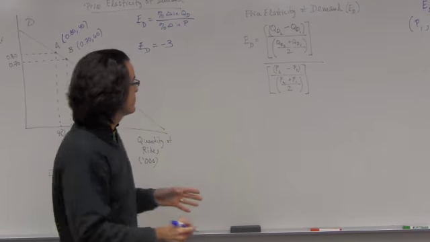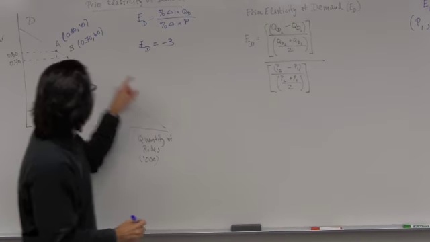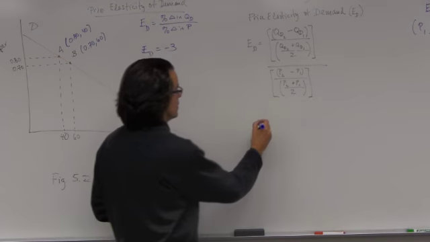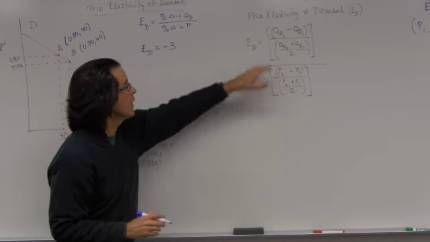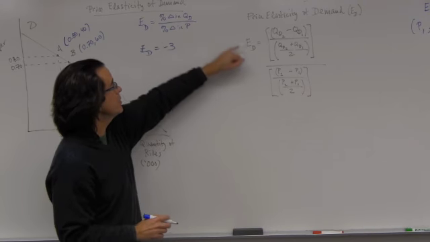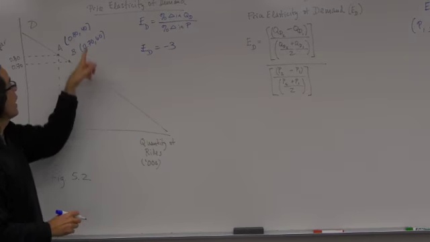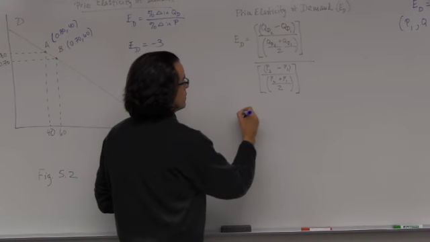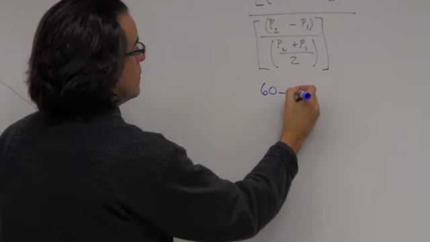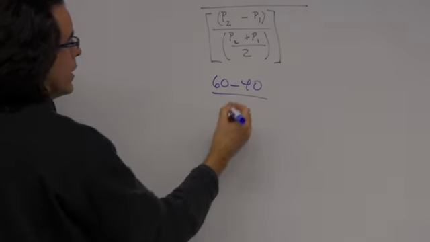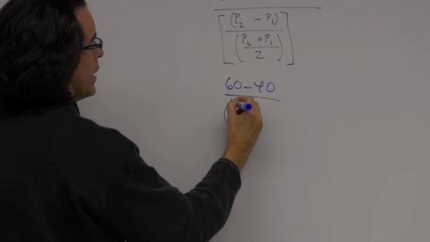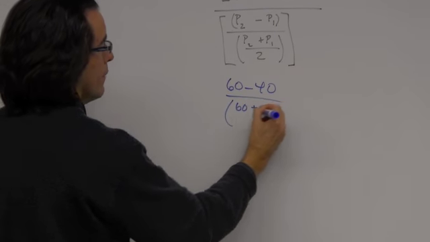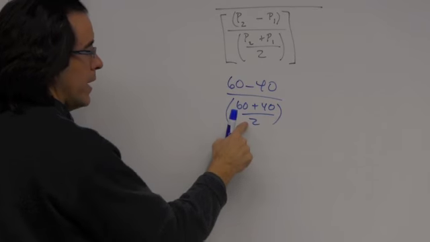Okay, so let's set it up. We're going to take this formula and use our 2 points. So let's start from the beginning. First thing we want to do is calculate the percentage change in quantity demanded. We need our quantities. That's 60 and 40. So 60 minus 40, the difference in the quantity demanded, divided by the sum of the two divided by 2.